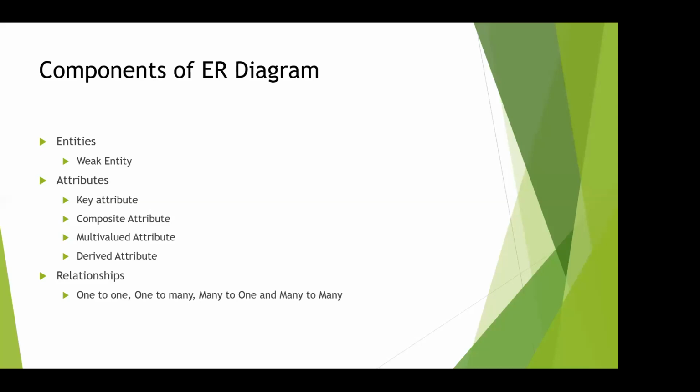Don't think I will prepare these types just before the exam. After class, try to write what sir told, what the types of attributes are, and what the types of relationships are. Then you will remember easily. Practice makes a man perfect always.